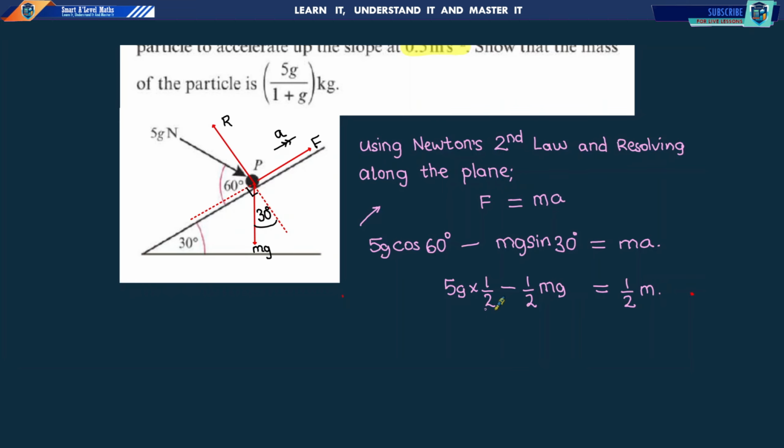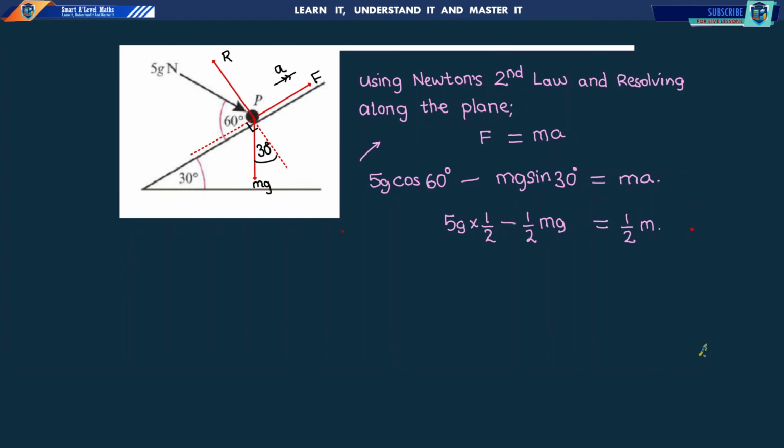Now here we can get rid of this 1/2 by multiplying everything by 2. So if we place here 2, that multiplies the first term, 5g, minus, also we have our 2 multiplying the next term, mg over 2, and this must be equal to our 2 times the next term, m over 2.